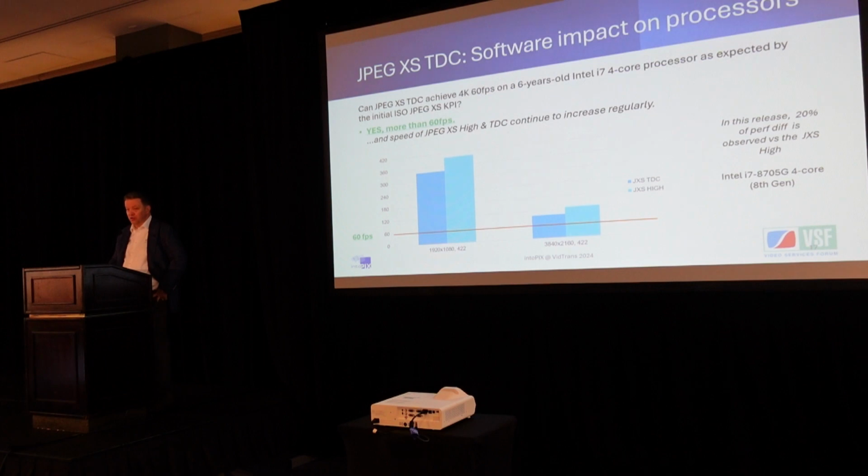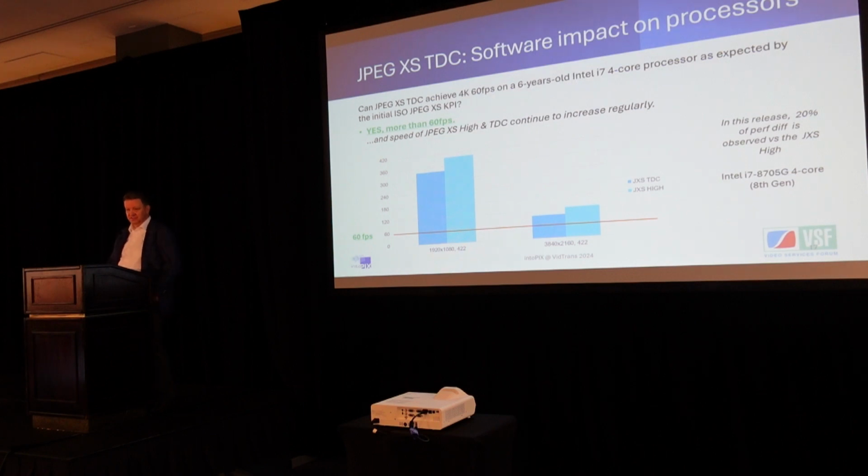One of the goals we had in this whole process of doing TDC was to make sure we could still meet the initial target, which way back in 2017, 2018, was that you could get TDC to achieve 4K 60 frames per second. At that time, it was a much newer i7 4-core processor, but we decided, okay, let's leave the target the same. Can we still achieve the goal on a Gen 8?